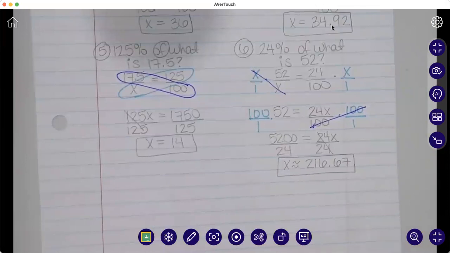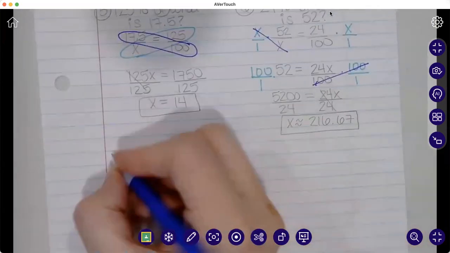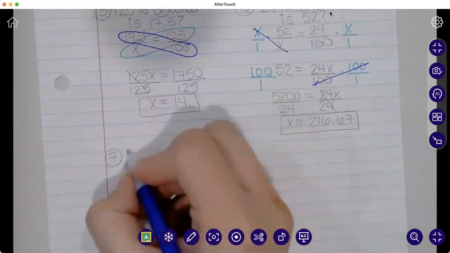So hopefully number 6 went well for you. Let's go ahead and try number 7, which is going to be a word problem associated with percents. Okay.